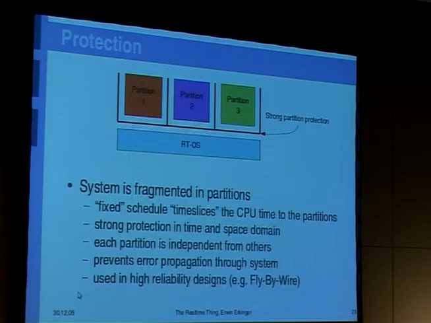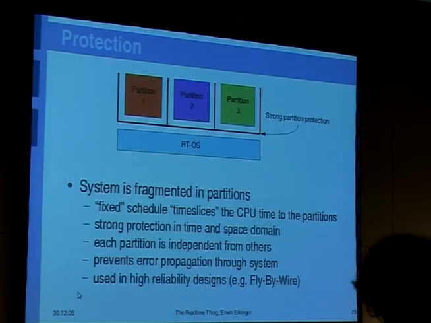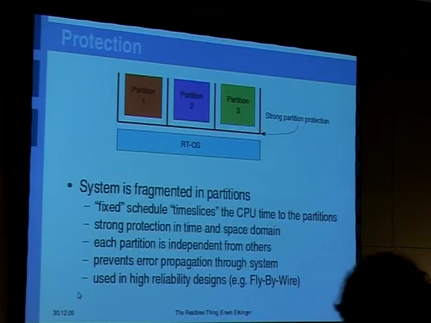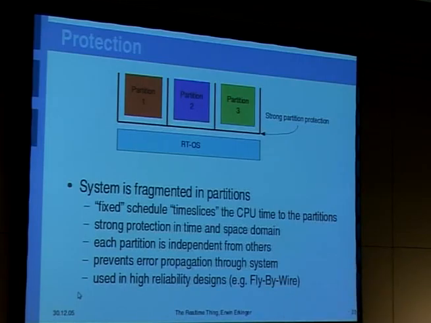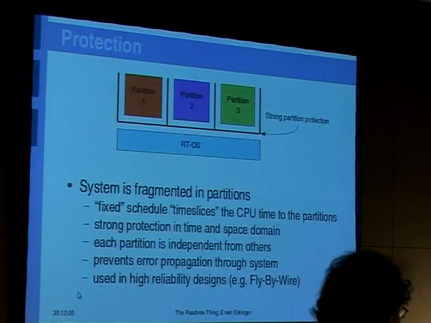So you have some additional timestamps on each message. You have additional timestamps on each task to check if it's in between the deadline or not. The tasks, of course, are separated from each other.